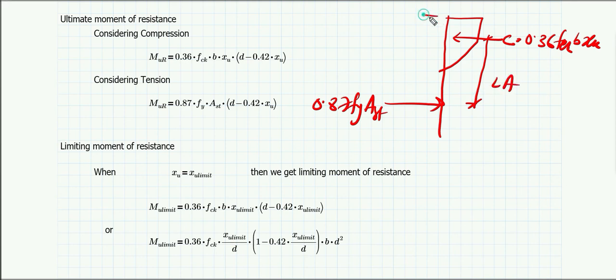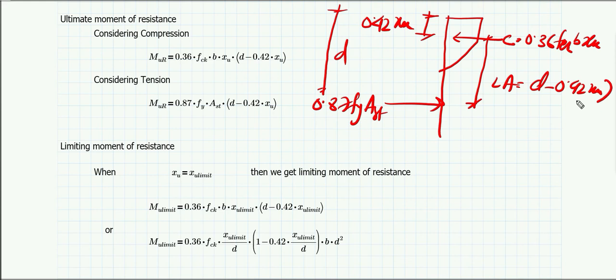We know that this distance is 0.42 XU, and the depth from the top fiber to the tension steel is D, the effective depth. So what is the lever arm here? It will be D minus 0.42 XU. Lever arm is D minus 0.42 XU. So what is the moment of resistance?